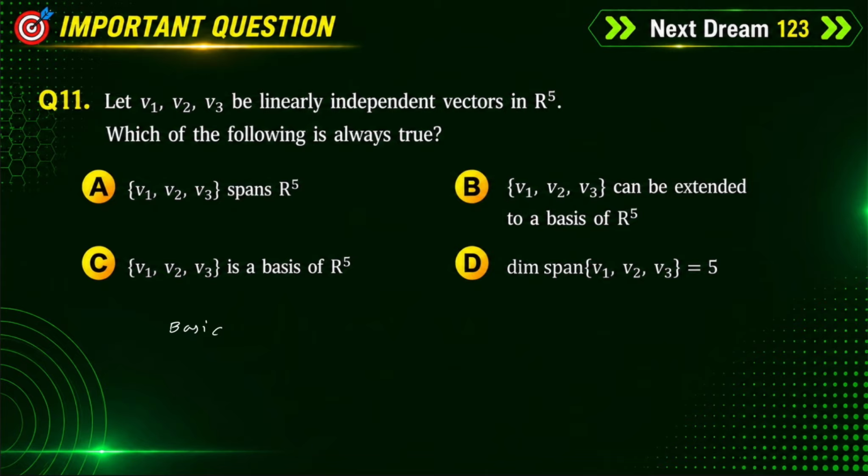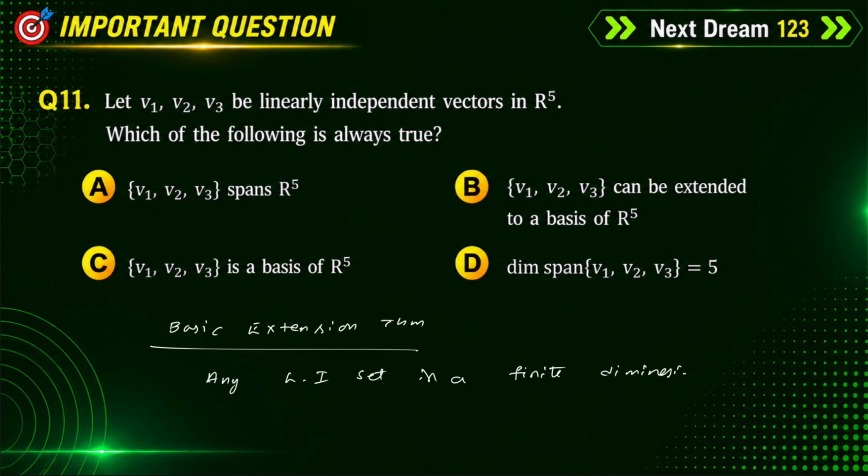that is the basis extension theorem. What this theorem tells us: any linearly independent set in a finite dimensional vector space can be extended to a basis of that vector space.